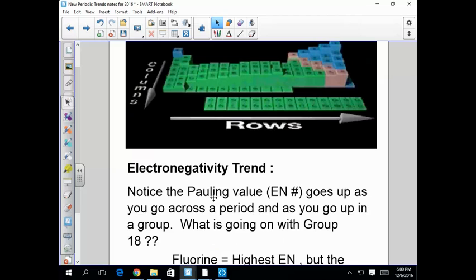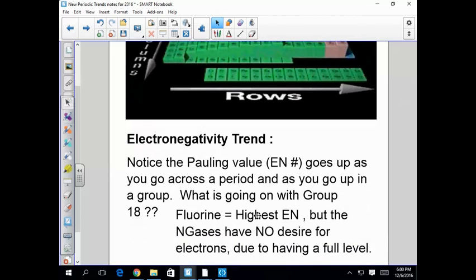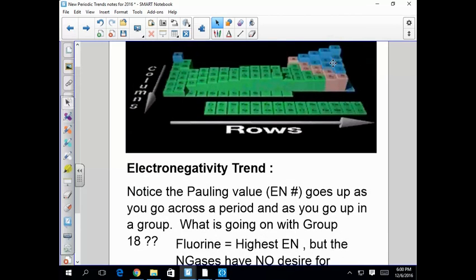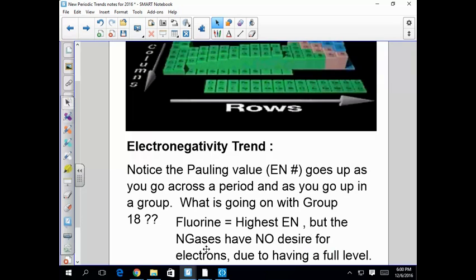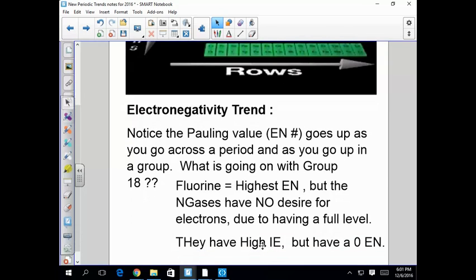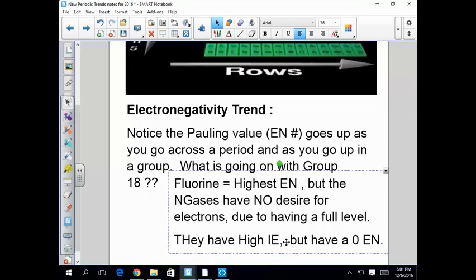So what's going on with that group 18 is that I want to point out that fluorine, first of all, has a very high electronegativity, but the noble gases have no desire for electrons due to having a full level. They have a high ionization energy, but have a 0 electronegativity.